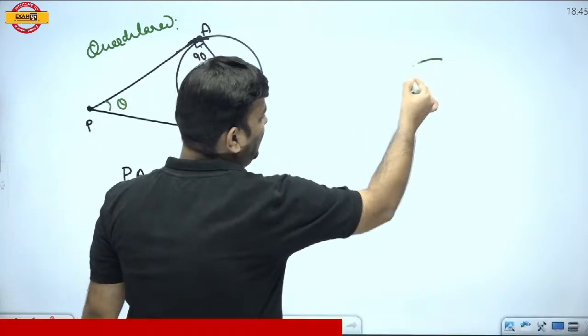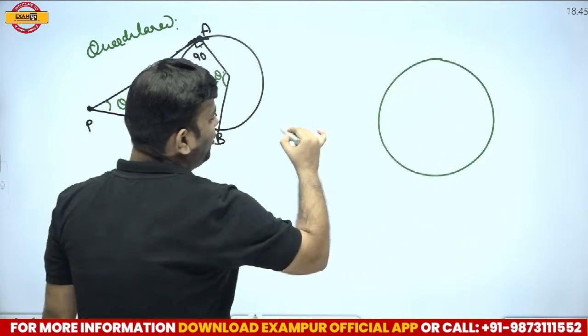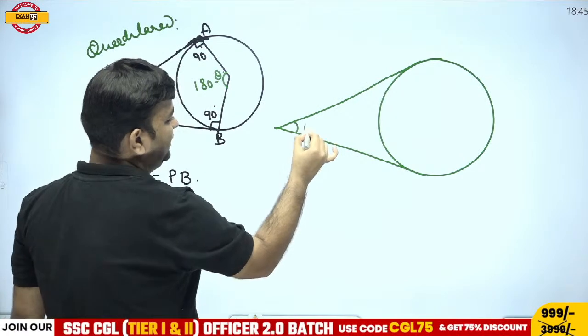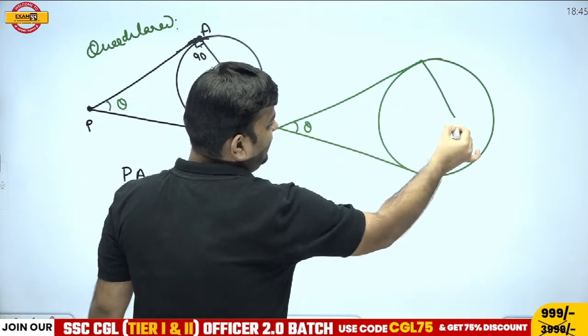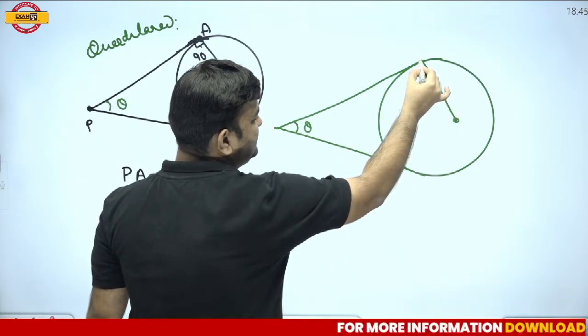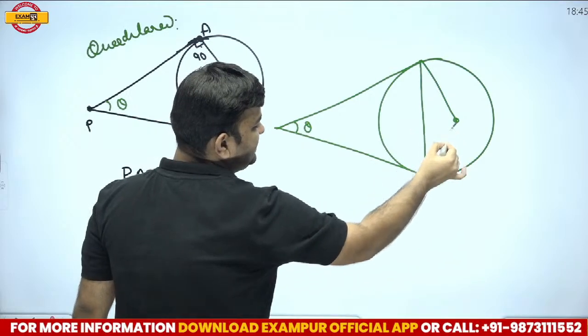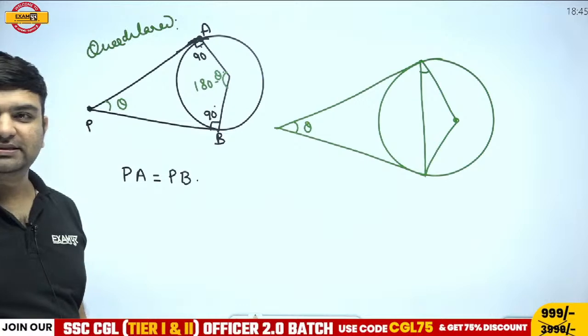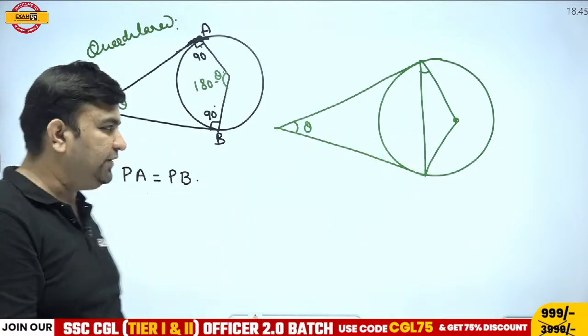One more property can be, obviously, if this is theta and radius and tangent is 90, what is this angle? We can just quickly judge it from here.